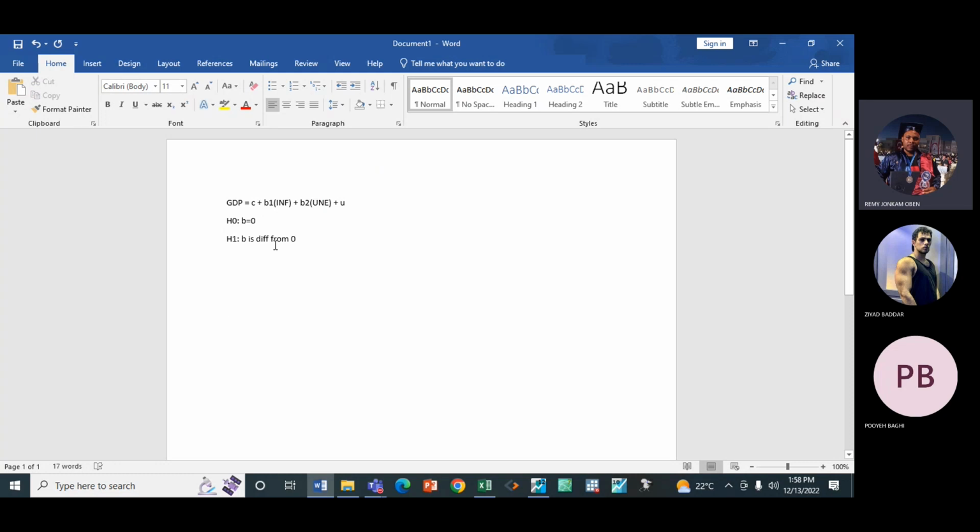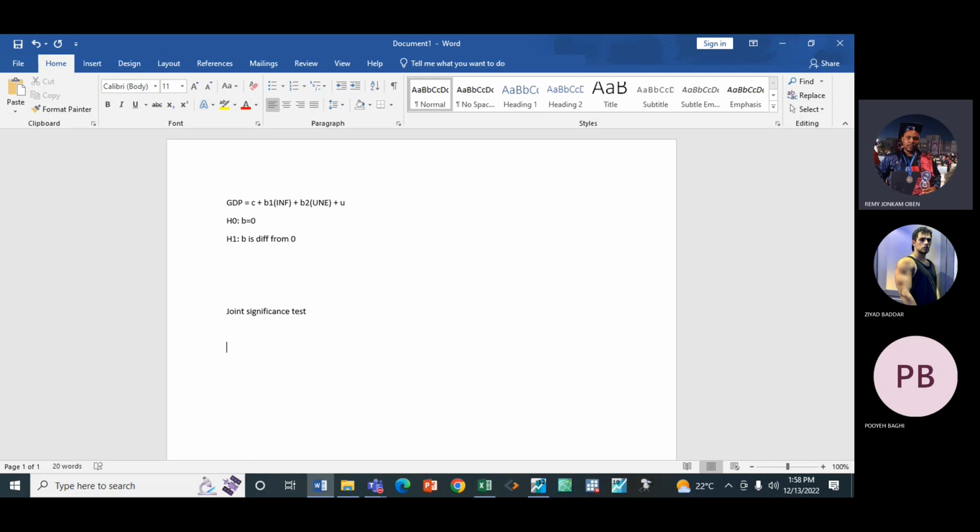With the f-test, we use an f-statistic. It is a joint test, joint significance. We are testing if the coefficients of all of the independent variables are significant at once.